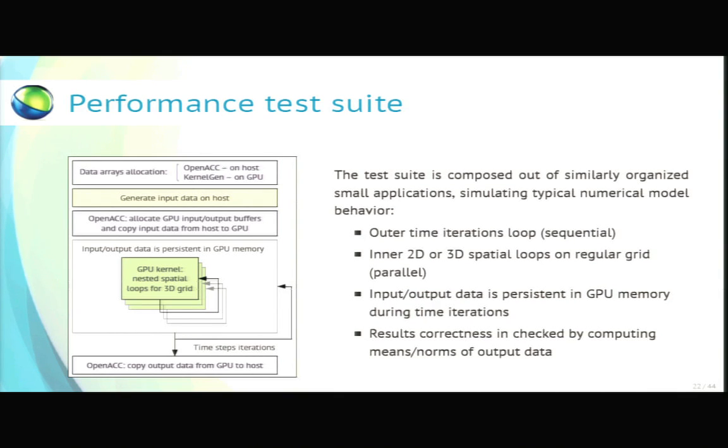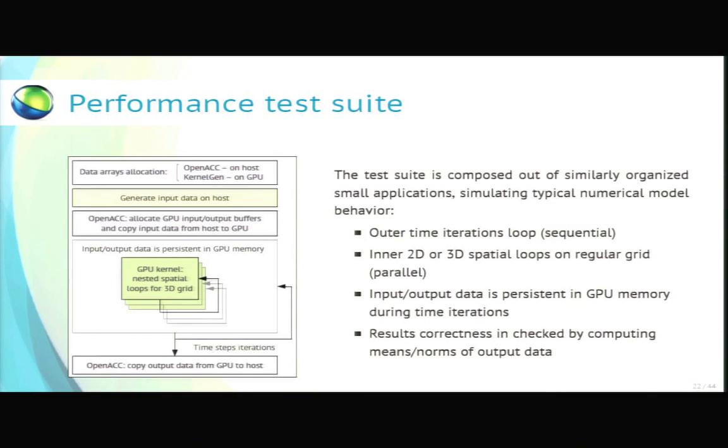It's very similar to a time-explicit numerical solver, like finite differences or whatever. So here we have outer time iterations, which are not parallel, and inner spatial iterations that could be 2D or 3D on a simple regular grid in this case.